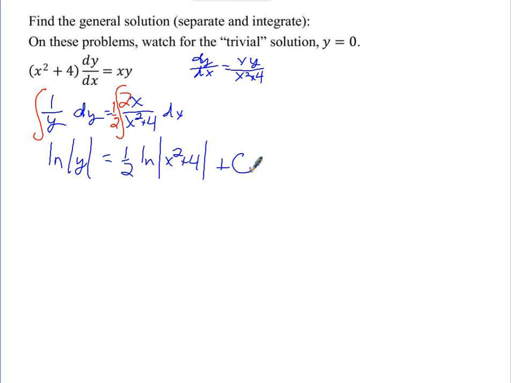All right, now you notice that we don't need the absolute value here because no matter what, when I plug in a number, I get a positive result plus a positive number gives me a positive, so I don't have to worry about absolute value there. What about the absolute value here? Yeah, I do have to worry about that. So, what could I do next?